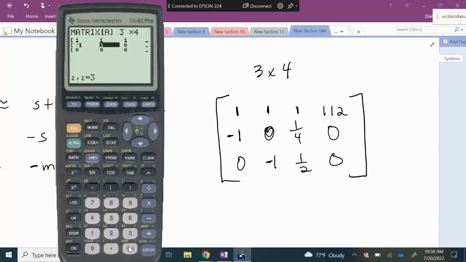Negative 1, 0, 1/4, so I can put in 1 divided by 4, and the calculator is going to reduce that down. Then 0, 0, negative 1, 1/2, which is 0.5, and 0. Let me check that really quick.